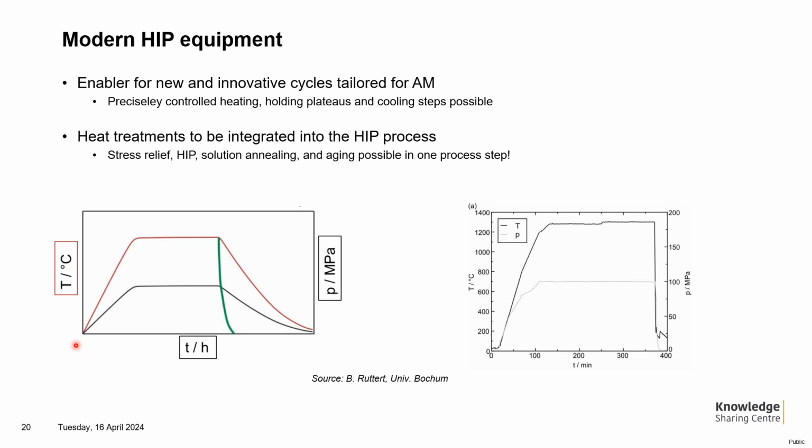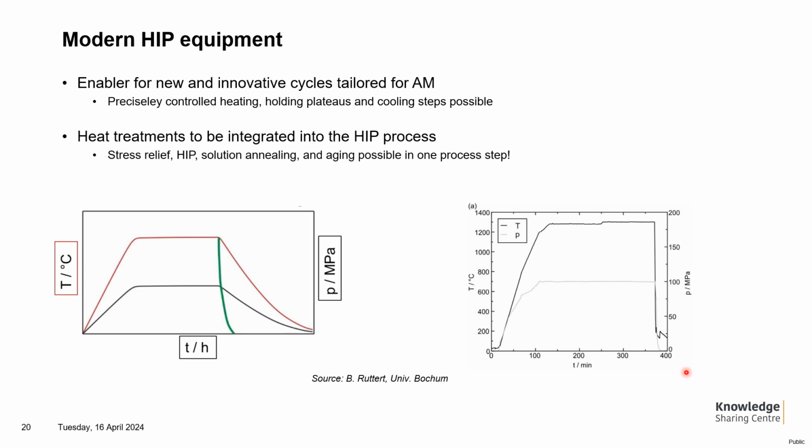Because in comparison to old HIP equipment, shown here in red, mostly used by the industry, new state-of-the-art HIP units allow to precisely control heating rates, implement intermediate holding plateaus, but most importantly also to set desired cooling rates, which is highlighted here in green, so it can cool down also very fast nowadays.